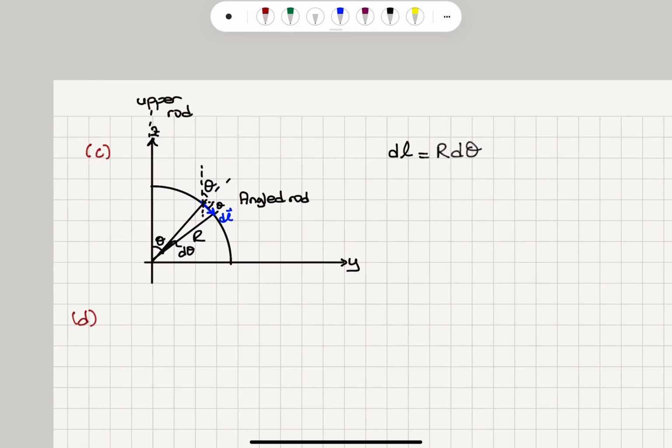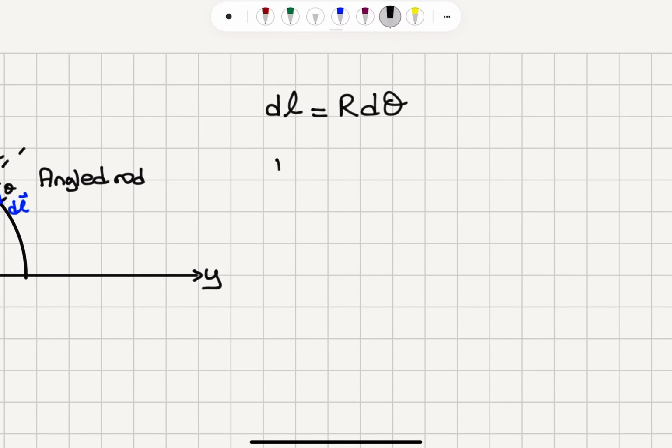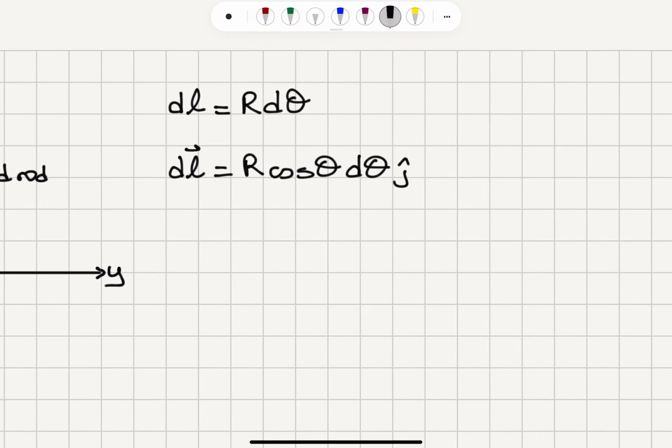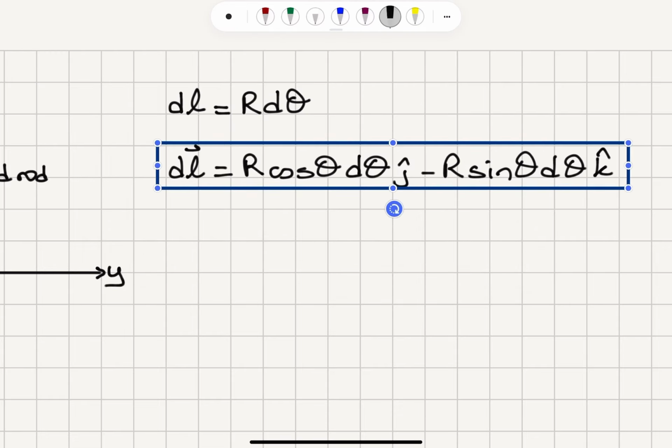So we can write the dl vector is equal to capital R cosine theta d theta j hat, and minus capital R sine theta d theta k hat. This is our dl vector.